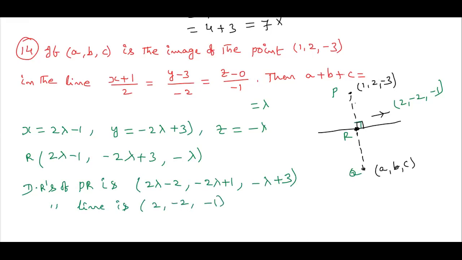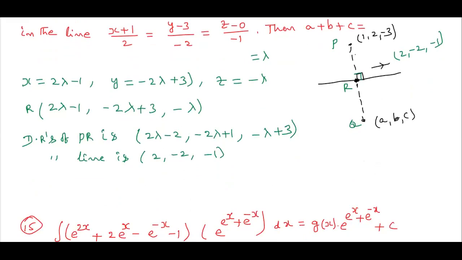These two are perpendicular. So two lines being perpendicular means what is the formula? A1 A2 plus B1 B2 plus C1 C2 is equal to 0, right? Now here 2 into 2 lambda minus 2, minus 2 into minus 2 lambda plus 1, minus 1 into minus lambda plus 3, that is equal to 0.